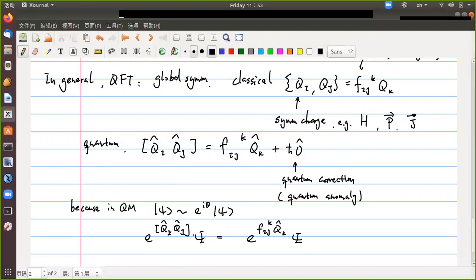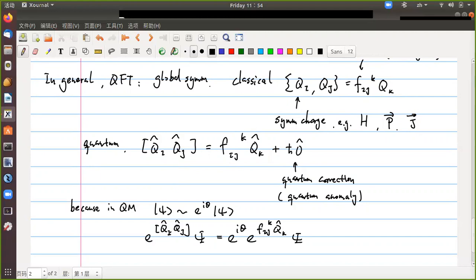If you have the commutator exponential epsilon psi, a finite symmetry transformation, it equals some structure constant f^{ij}_k times q_k epsilon psi. In many cases it is true, but in some complicated cases it is not true, except up to a phase. But physically it's still true.